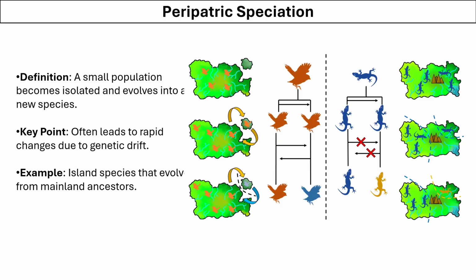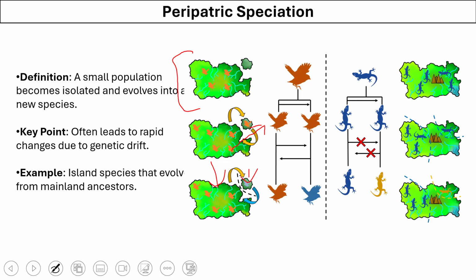In peripatric speciation, the geographic isolation is not built, but the population itself becomes isolated from the parent population. Some population has isolated itself, and now so much genetic change has accumulated in the two clusters of organisms that they can no longer interact or breed with each other.